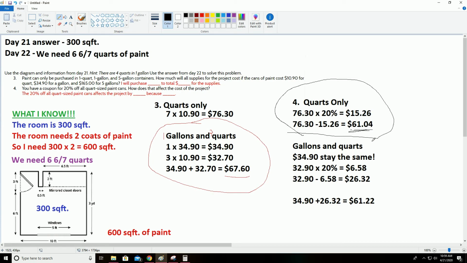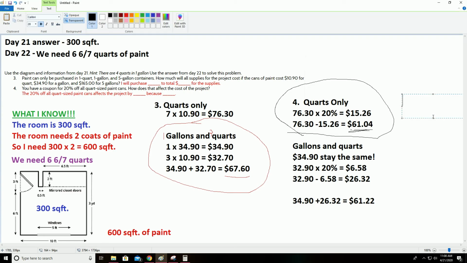Now you're not going to save a lot, but if you go with quarts only, you're going to save 18 cents. Okay, that's not a lot of money, but it's still savings nevertheless.